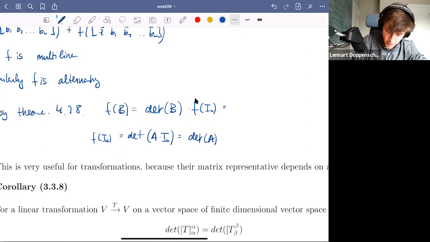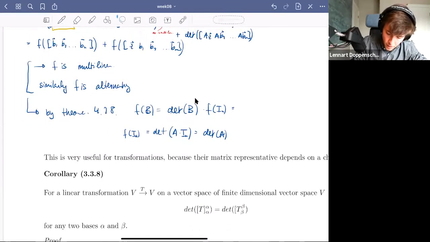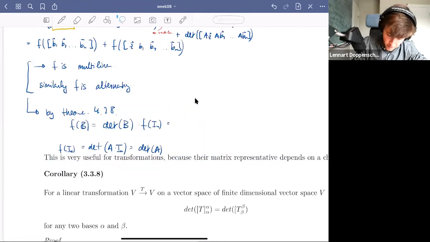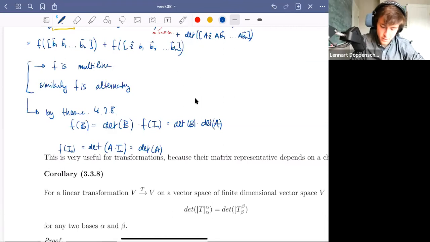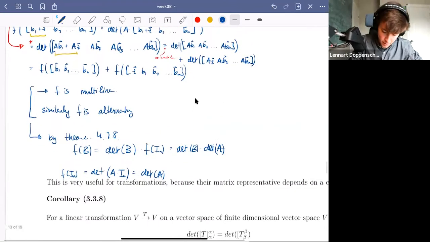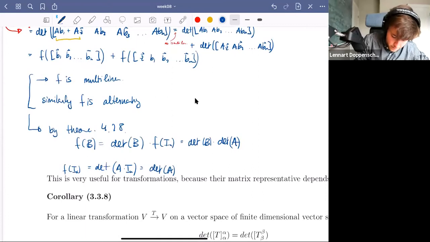So we can simplify this expression and write that this is the determinant of B times the determinant of A. And of course the left-hand side was the determinant of AB.